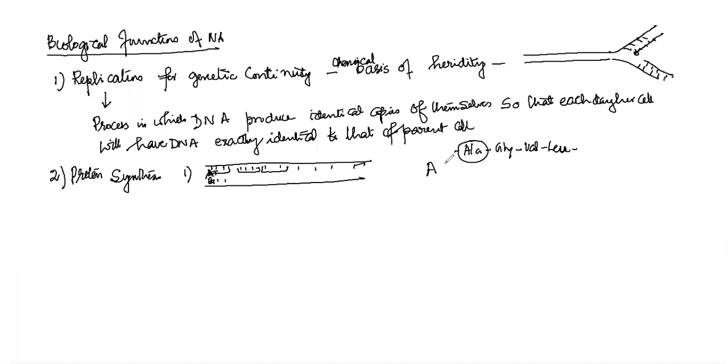One second. A, T, C, G, A, U, C, G. One second. Let me make it more clear. Suppose I have an A. This is a DNA molecule. T, G, C.